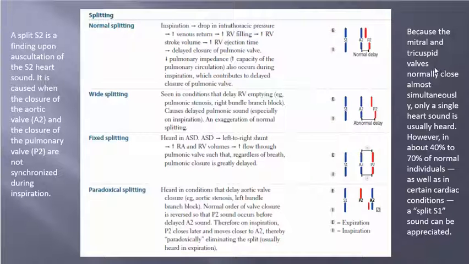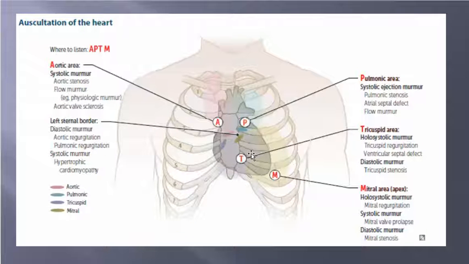Because the mitral and tricuspid valves, so the bicuspid and the tricuspid, remember the tricuspid is the right, mitral, bicuspid is the left. They normally close almost simultaneously. Only a single heart sound is usually heard. However, in about 40 to 70% of normal individuals, as well as in certain cardiac conditions, a split S1 sound can be appreciated in your auscultation.